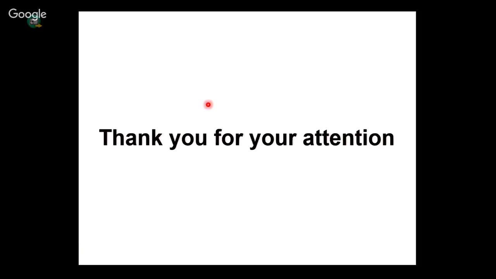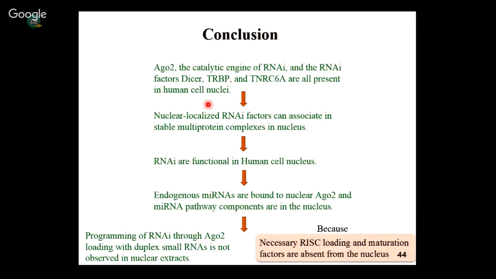Let me rephrase your question. Sorry, the previous student probably didn't catch your question. So the question is, in the last figure showing all those chaperone proteins are only present in the cytoplasm, if we make some recombinant protein that is expressed in the nucleus, what happens to the microprocessor or the microRNA?